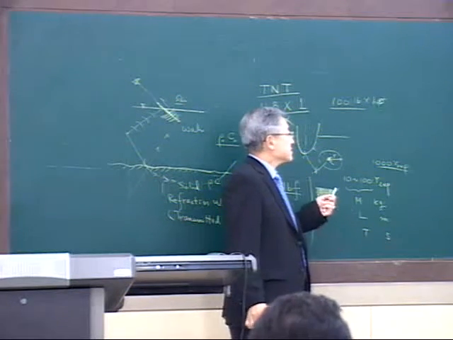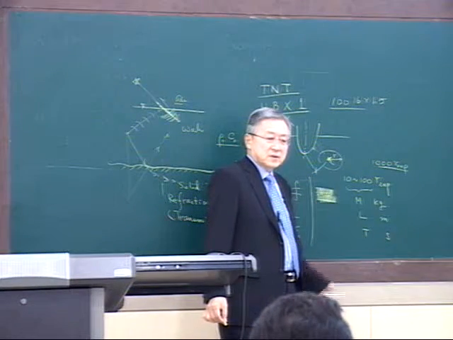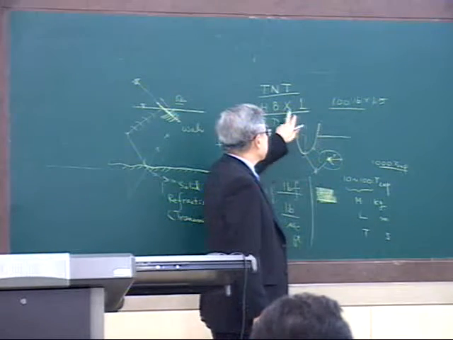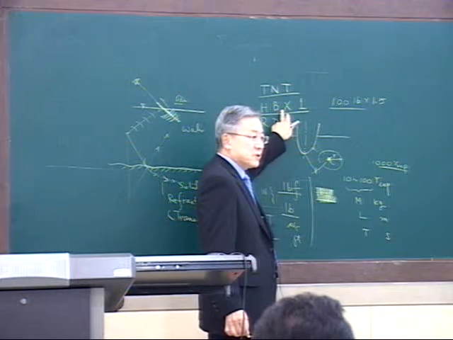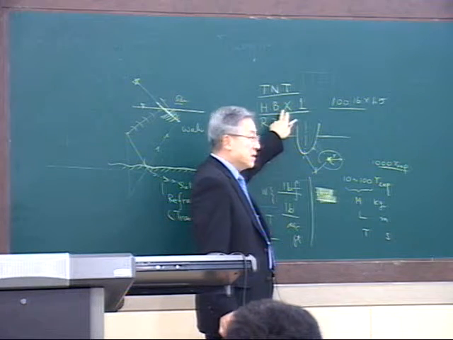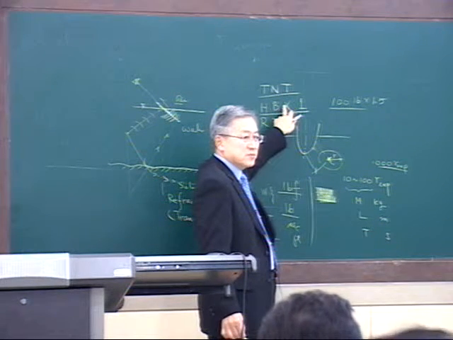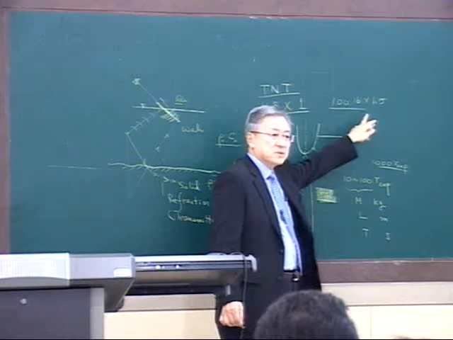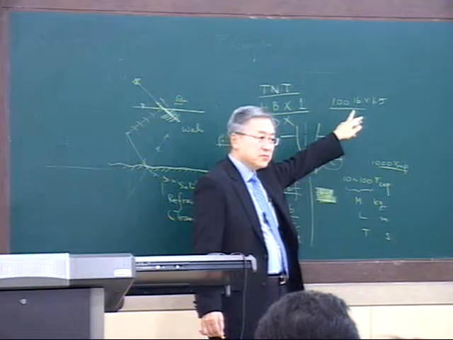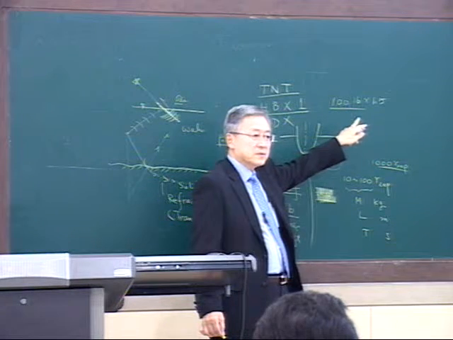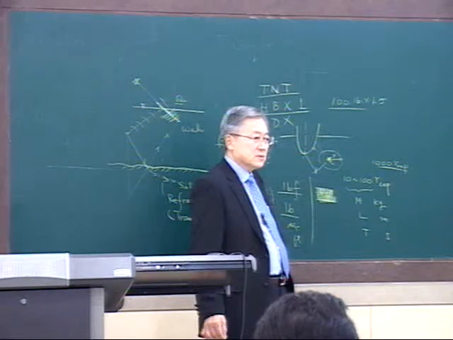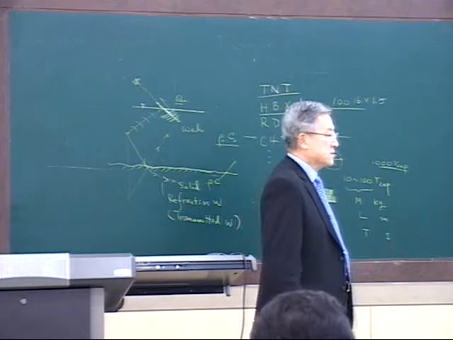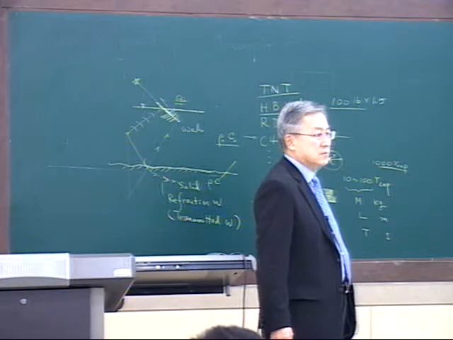The factor is roughly 1.5. What that means is 100 pound of HBX1, to get the same strength if you use TNT, you have to use how many pounds? 150 pounds.